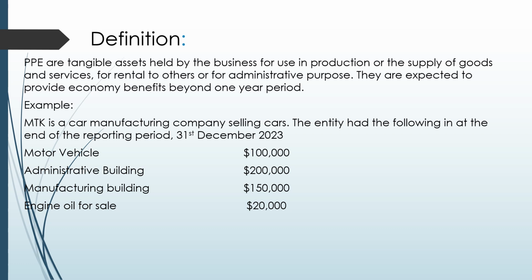So motor vehicle among the list will have to be classified as inventory because it deals in cars, it sells cars. So if it had a private vehicle that it uses for its operations, probably we would have considered that as PPE. But for this question, motor vehicle here will be classified as an inventory.